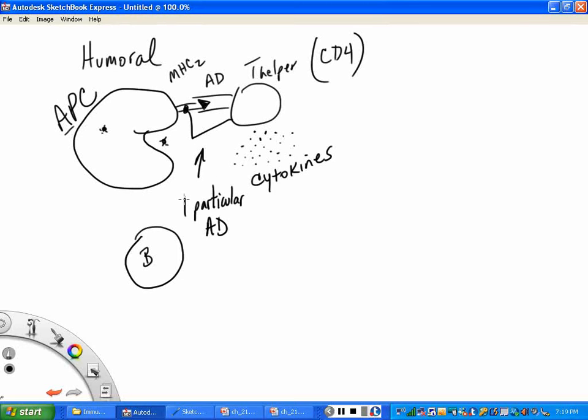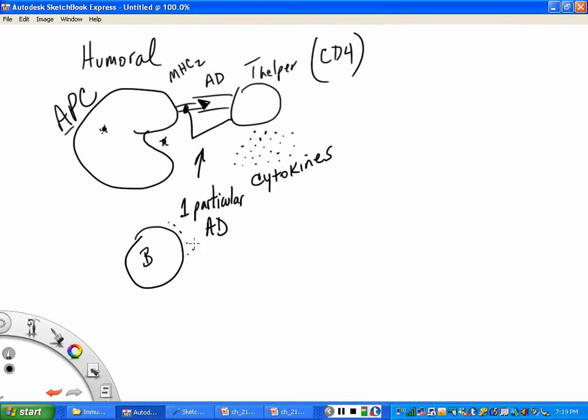Right? That's it. Can that one specific particular AD be on 20 billion cells? Yes. It can be 20 billion bacteria in your body. As long as they're that same one with that same AD, this particular B cell can fight it. What if it's a different bacterium or a different surface marker? Will this B cell be able to fight in any way? No, it would have to have a whole other separate population of B cells prepared to do that.